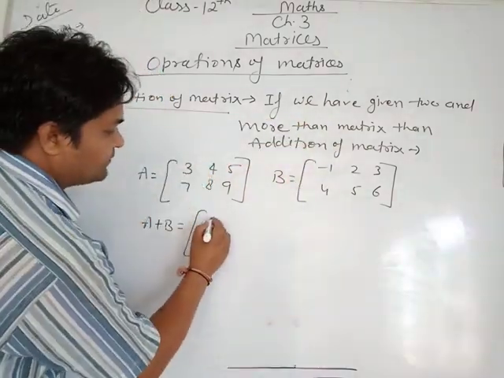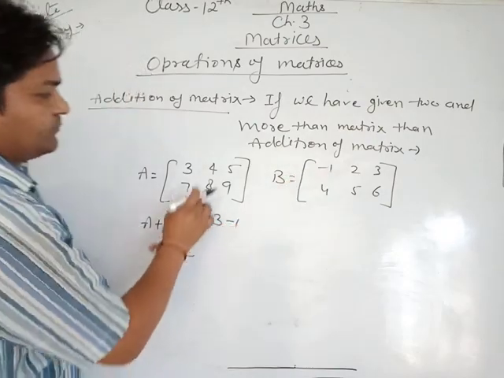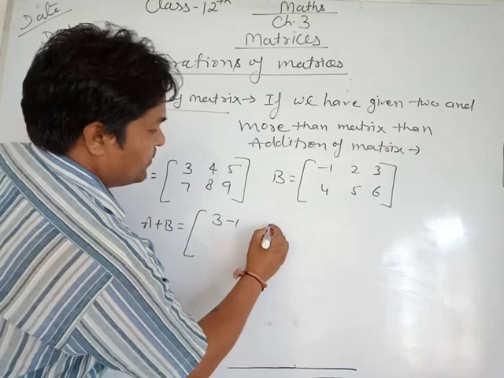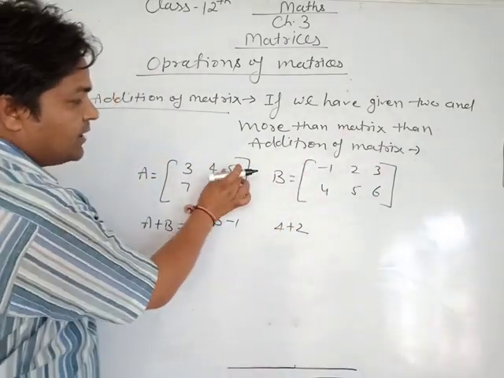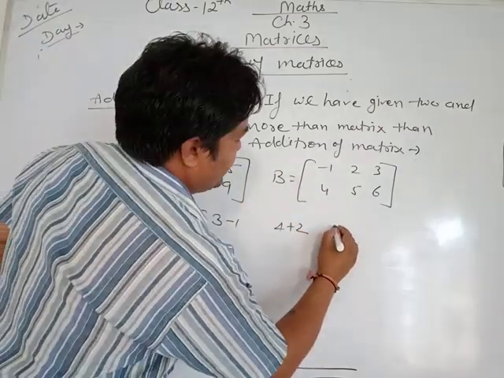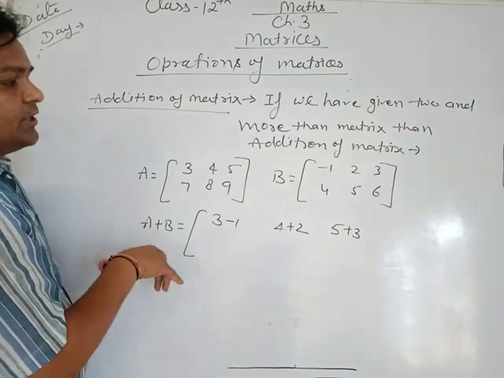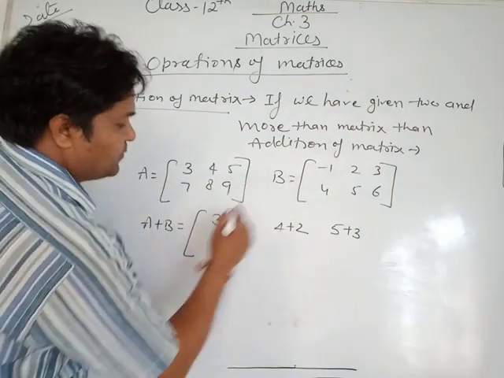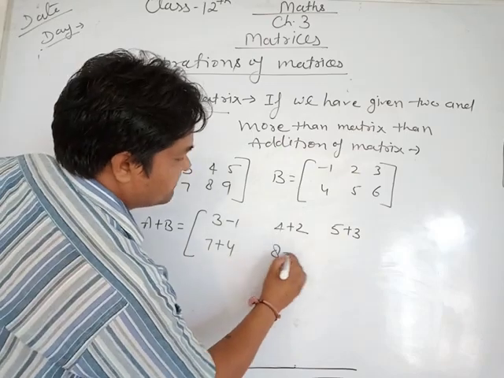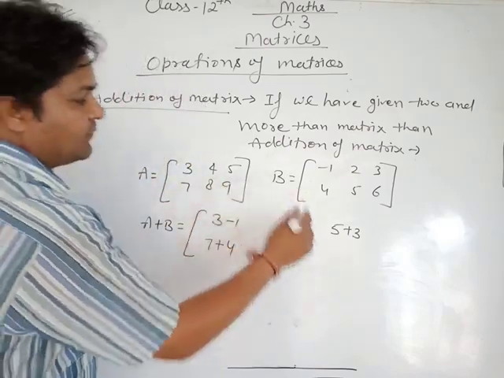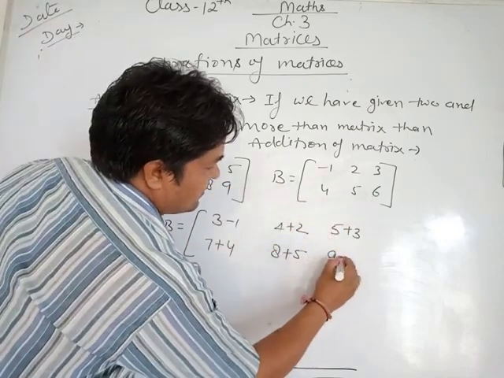So 3 plus -1, second 4 plus 2, third element 5 plus 3. Similarly in the second row 7 plus 4, 8 plus 5, 9 plus 6.